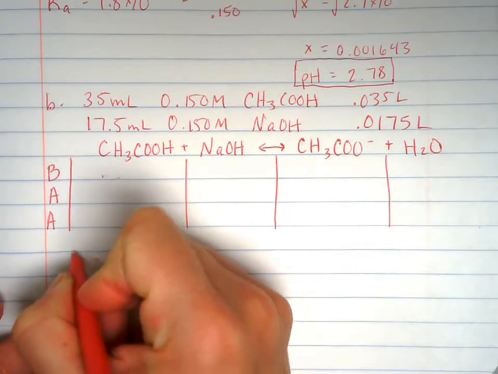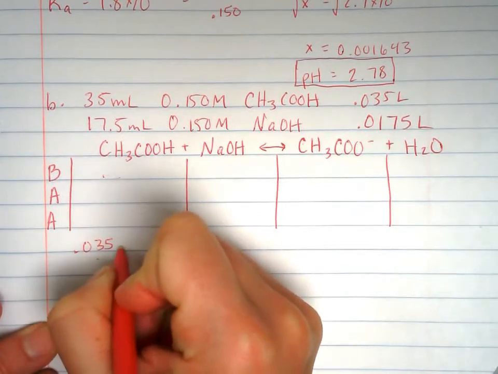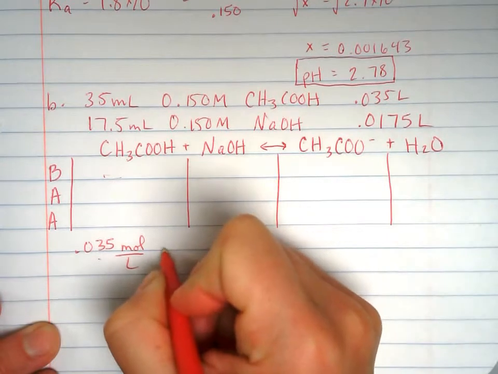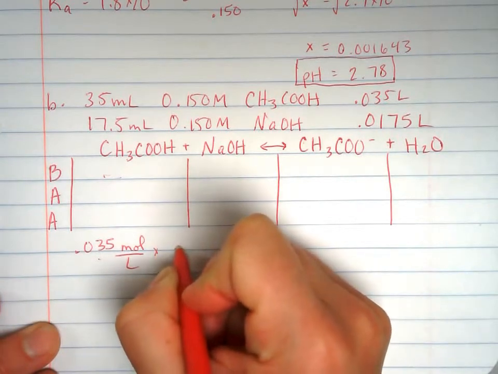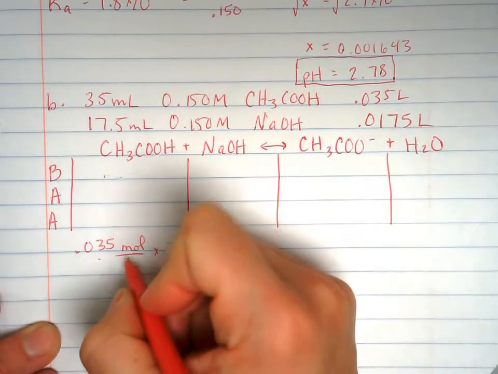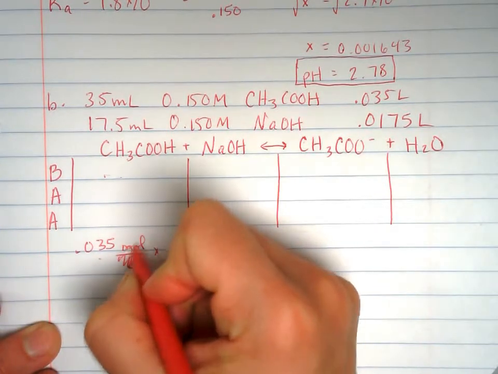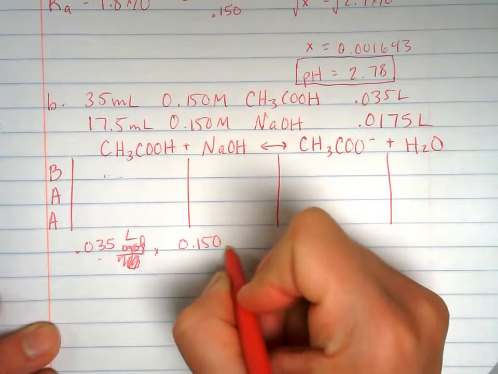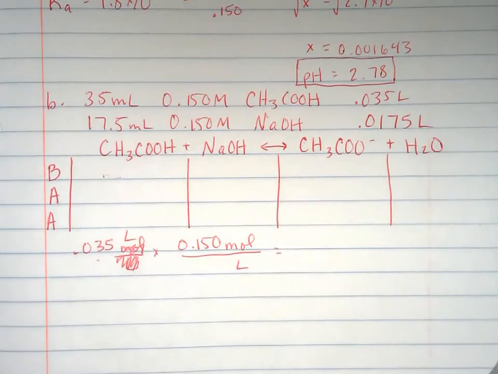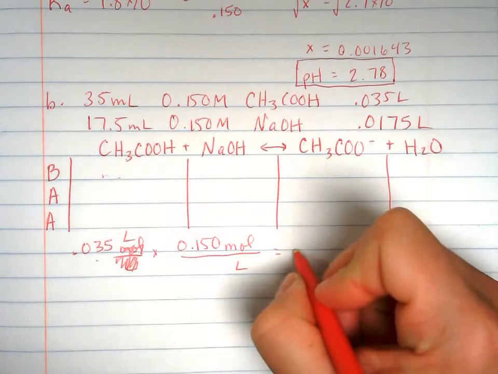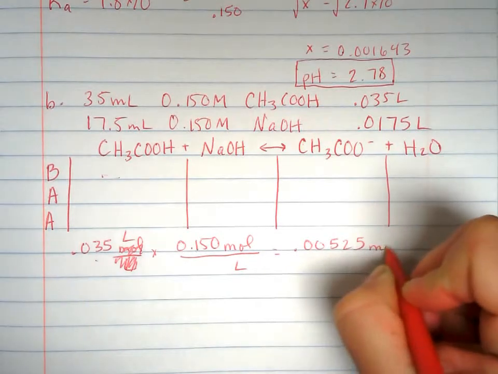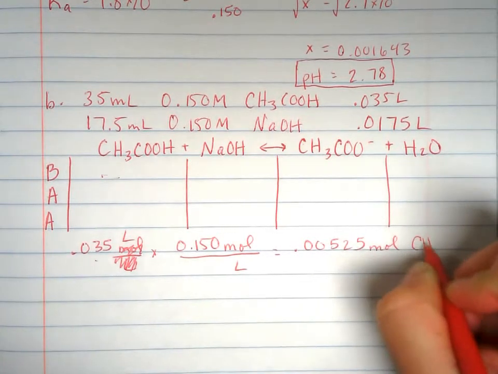So we have 0.035 liters of 0.150 moles per liter. And that's going to give us 0.00525 moles of acetic acid.